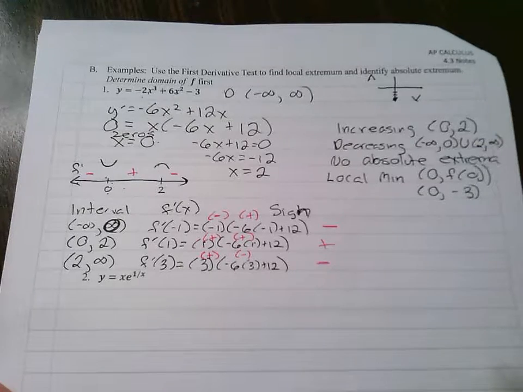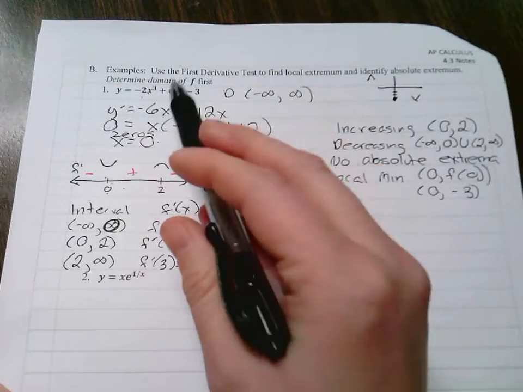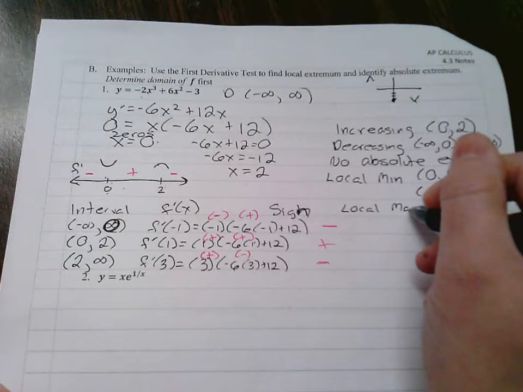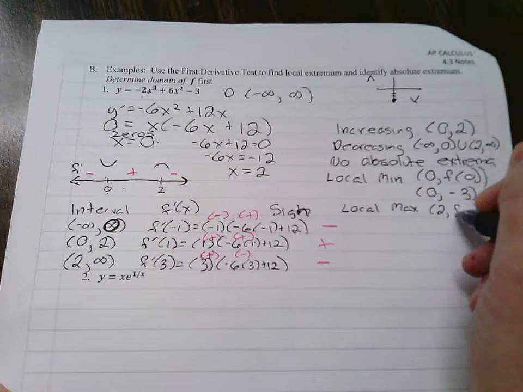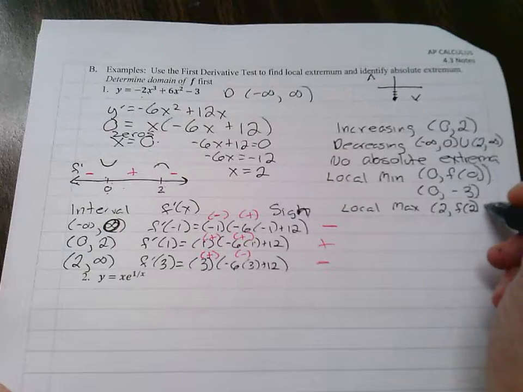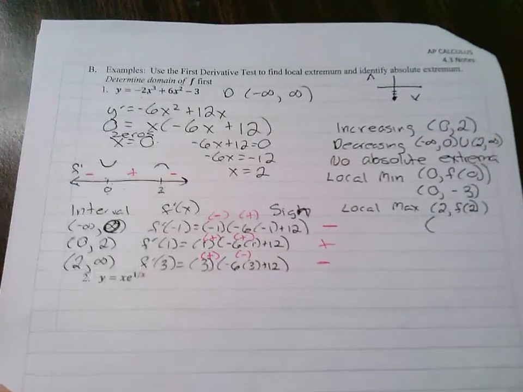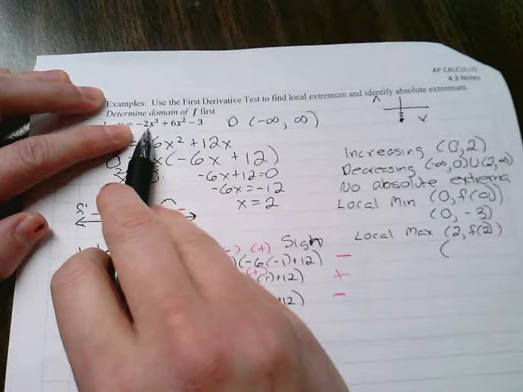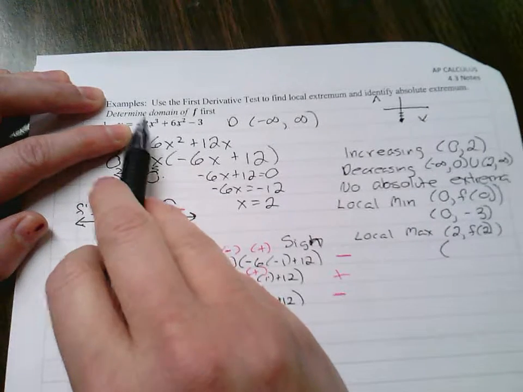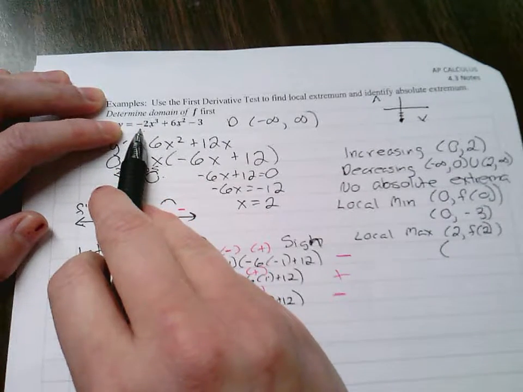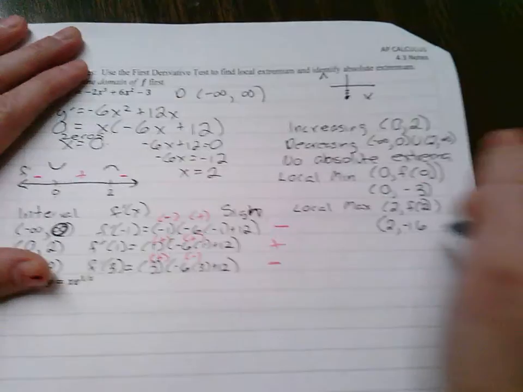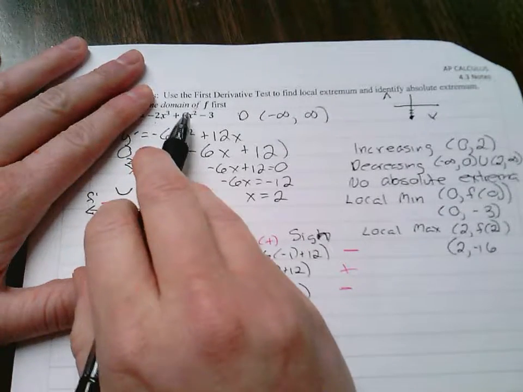So now you're going to find your local max. You're doing the same thing, except you're going to put 2 in here. F of 2. Okay, so we're going to have negative 2 cubed, so 2 cubed is 8. 8 times negative 2 is negative 16, thank you. 2 squared is 4. 4 times 6 is 24.